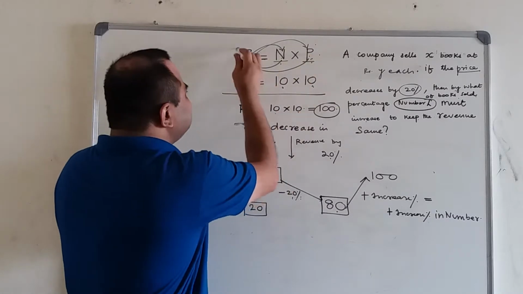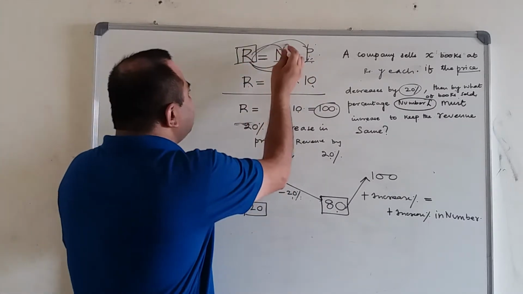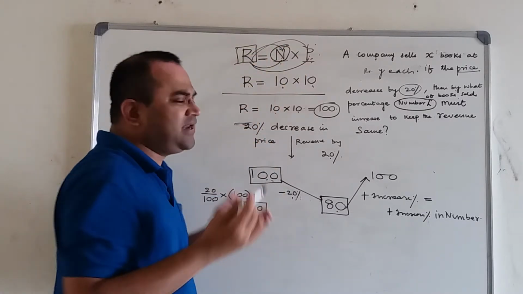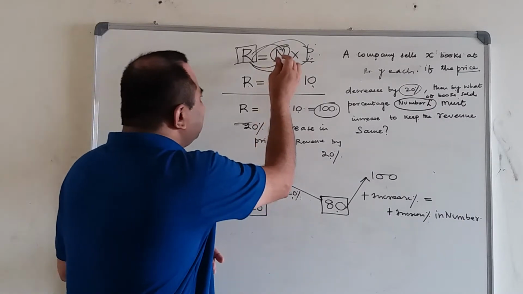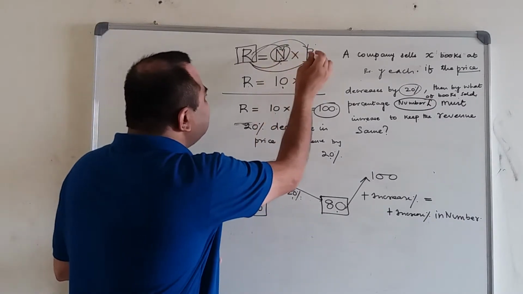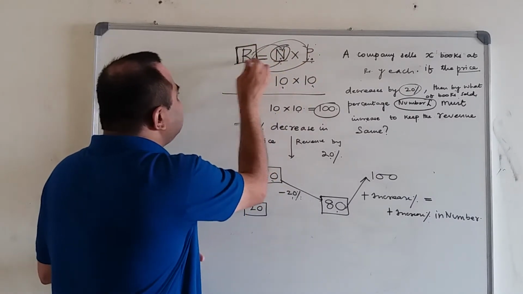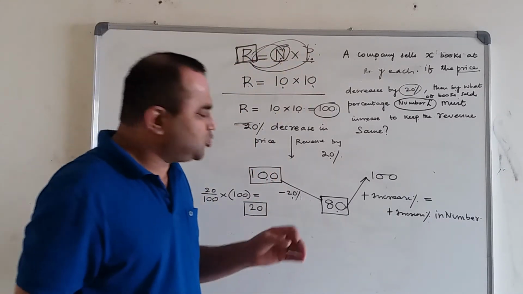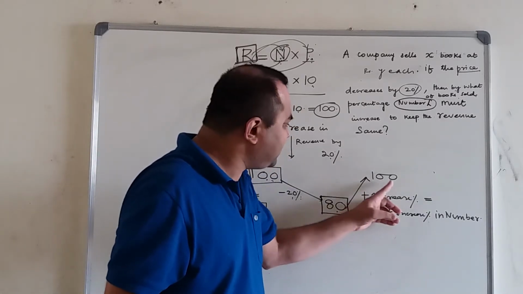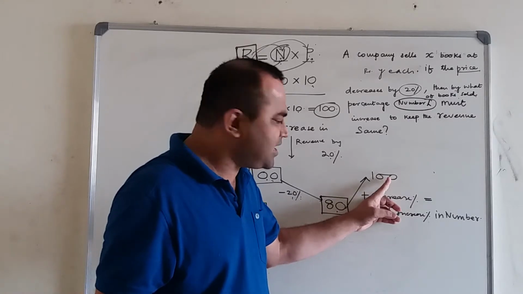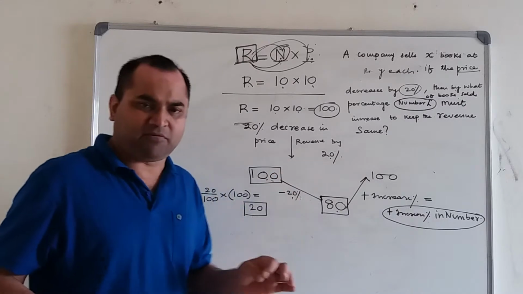If price increases, revenue also will increase by that same percentage. If the number of objects sold decreases, then revenue also would decrease by that same percentage. So a decrease or increase in each of these two factors, number and price, will have a direct impact on the revenue. So if revenue has to increase from the decreased value 80 to its initial value 100, that would also be the percentage increase in number.